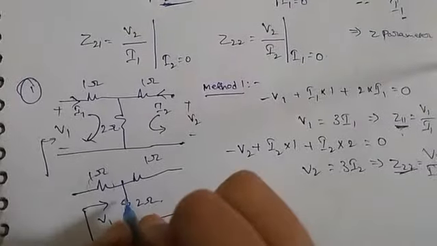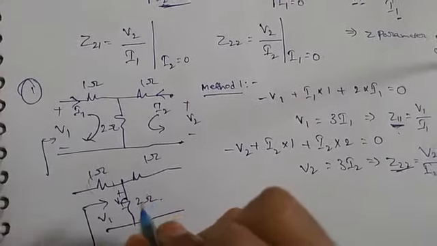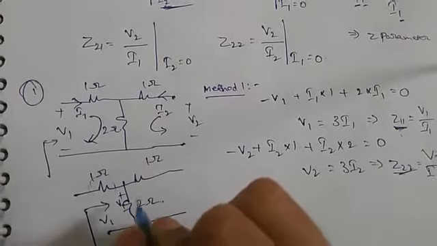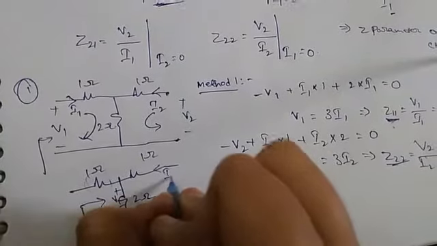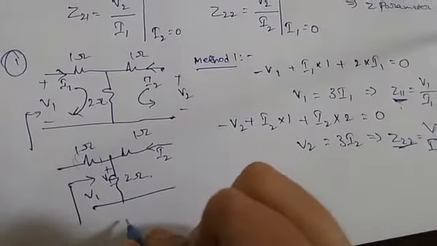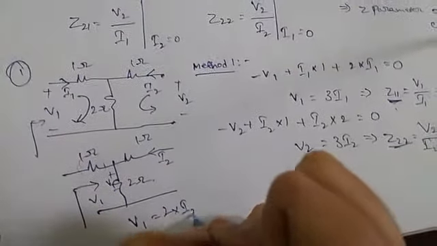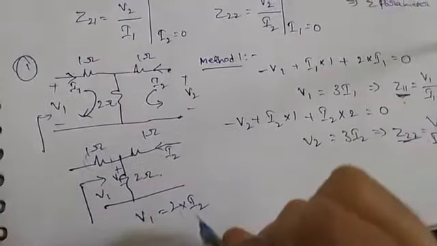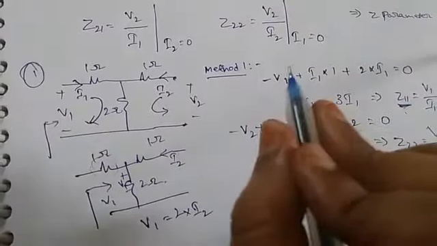Whatever this V1 is, it appears across your 2 ohms resistor, the voltage drop because of the current. So I can write V1 equals 2 into I1.